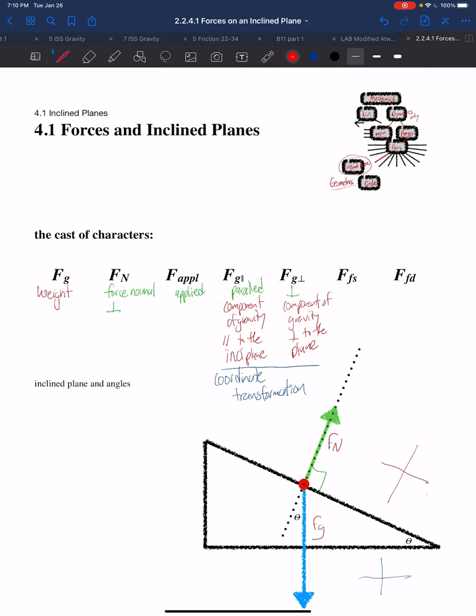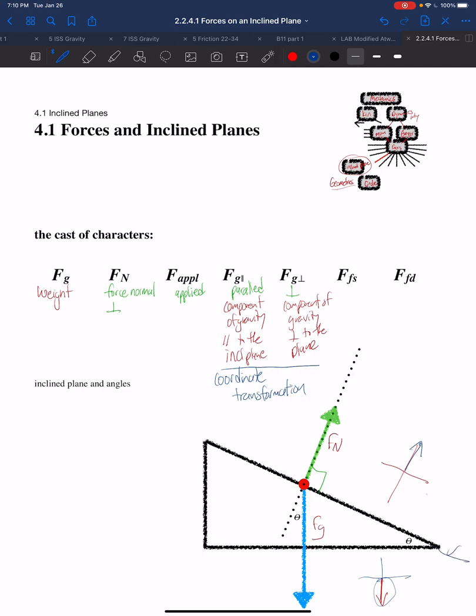We can see that gravity is in this direction, but normal is in this direction. So they both work nicely, but in different coordinates. So what we do is we take the force of gravity and transform it so it's in the same coordinate frame as the inclined plane.